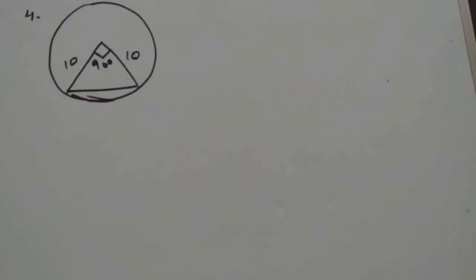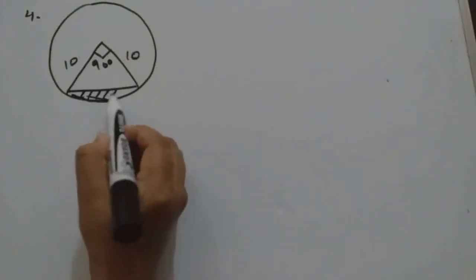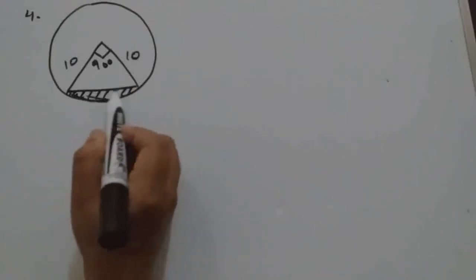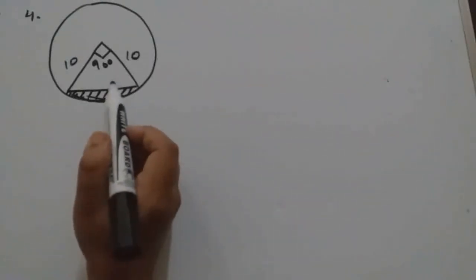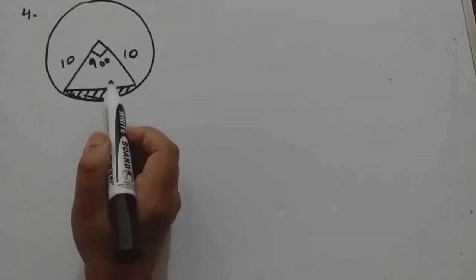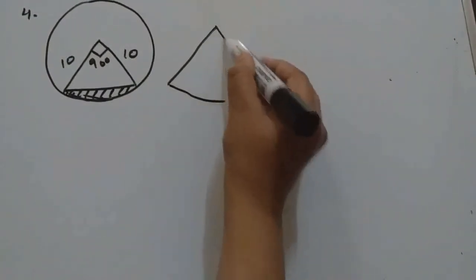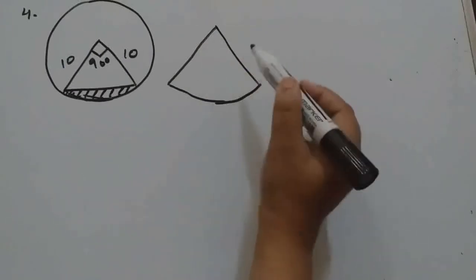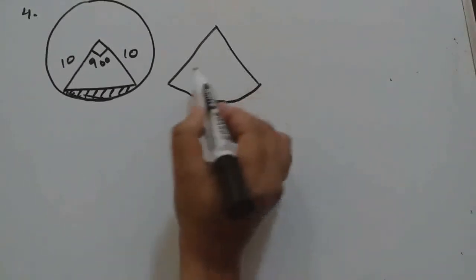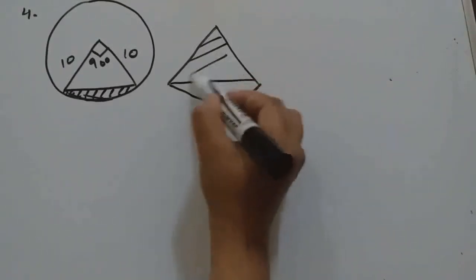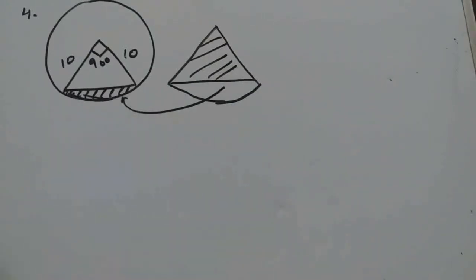Find the area of the corresponding minor segment. So this area we should find, minor segment. This is the segment. So here what we will do, we will find area of sector, because this is sector, isn't it? This part is sector. We will find area of this sector and we will subtract the area of triangle. So this area we will get here.